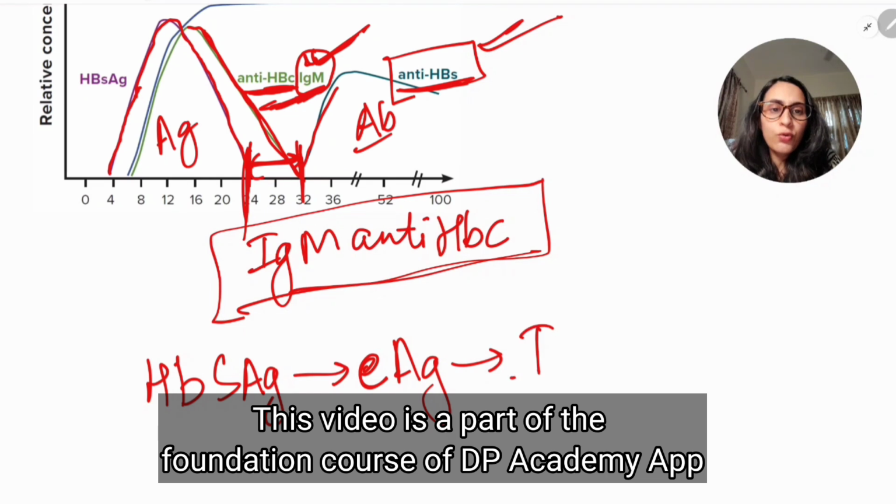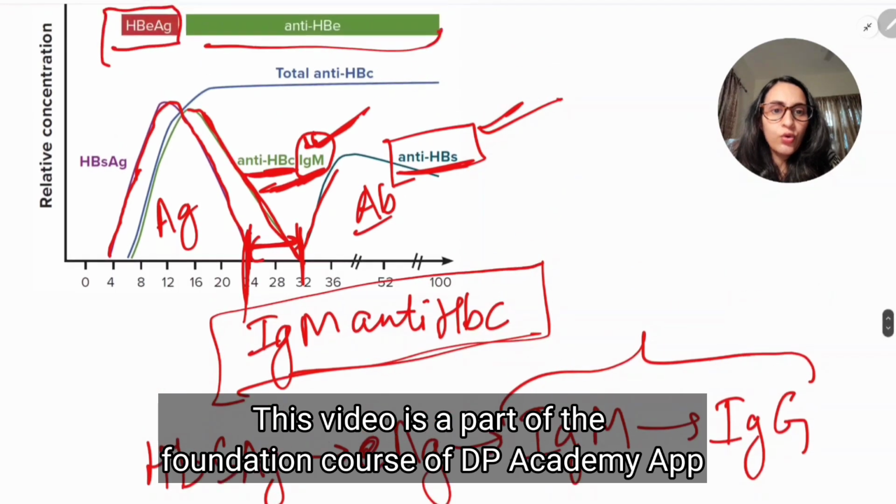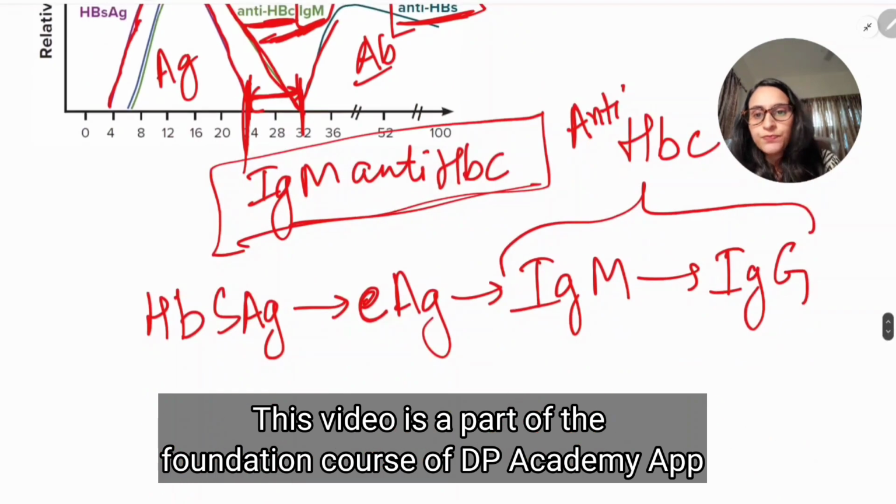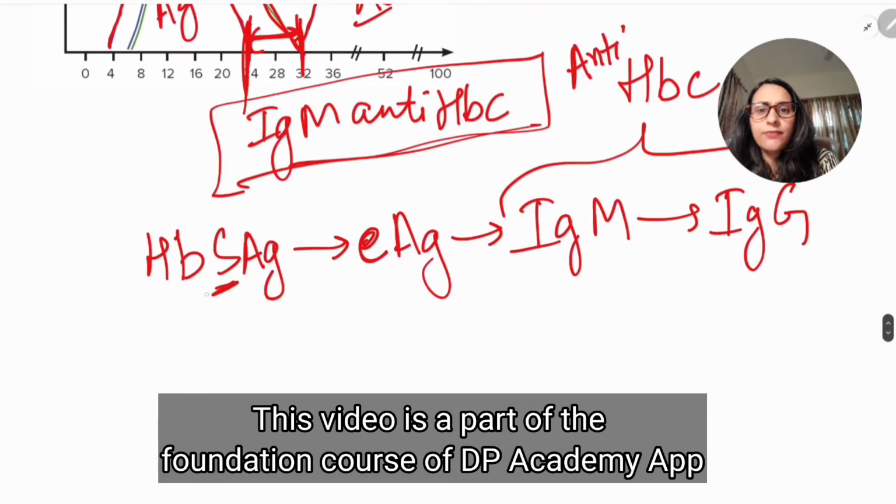Then comes immunoglobulin M, then immunoglobulin G. Both of these are antibodies to the core antigen, anti-HBC. The first one to appear in the blood is surface antigen, then the pre-core antigen, and then the core antibodies. Very easy. Starting from outside, go inside.